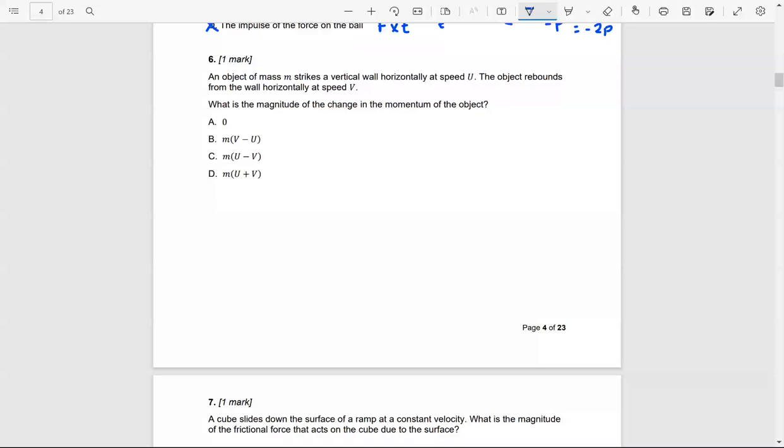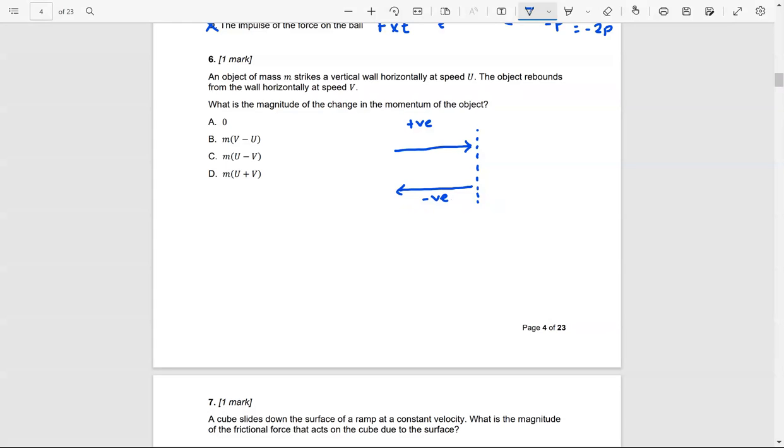Question 6 is similar to question 5. What is the magnitude of the change in the momentum of the object? So we've got a mass m that's moving horizontally at speed u. So let's say this is the positive direction. And then it says it rebounds against a wall, and so we will call this the negative direction.